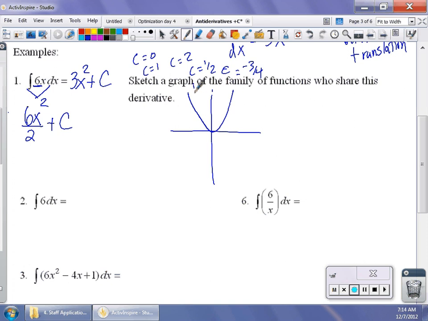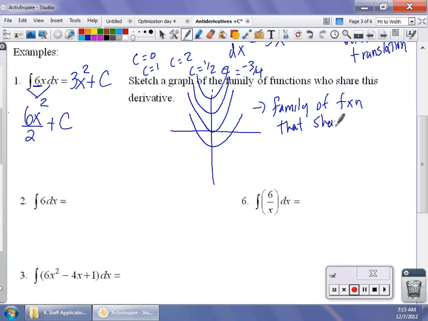Then we might have 3x squared plus 4, or 3x squared plus 10, or we might have 3x squared minus 2. So this would be our family of functions that share the same derivative.